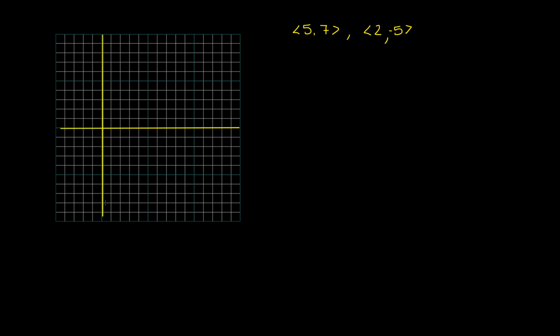So each of these is one unit. So 5, 1, 2, 3, 4, 5, 6, 7. And then the other one is (2, -5). 1, 2, and -5. 1, 2, 3, 4.